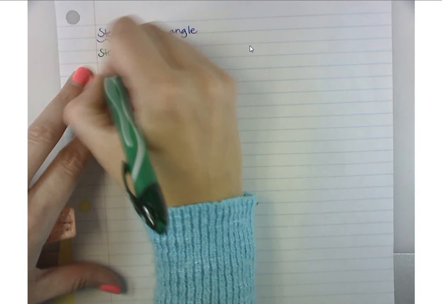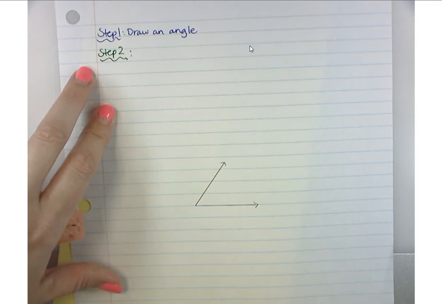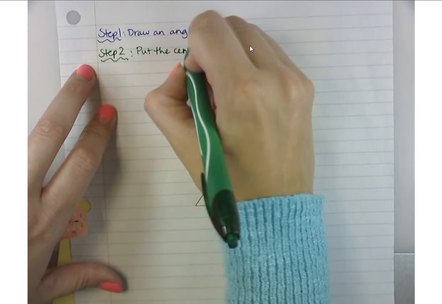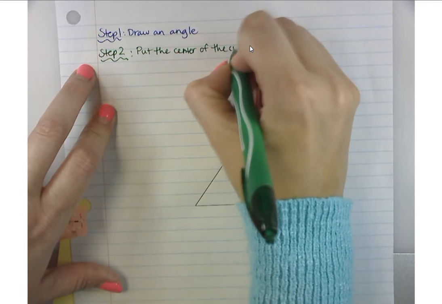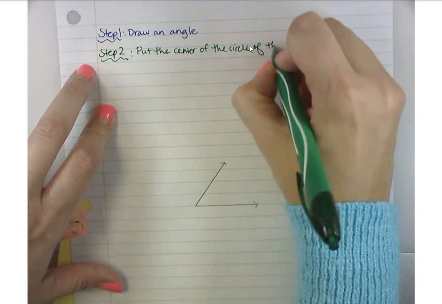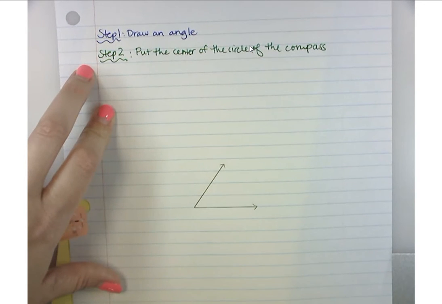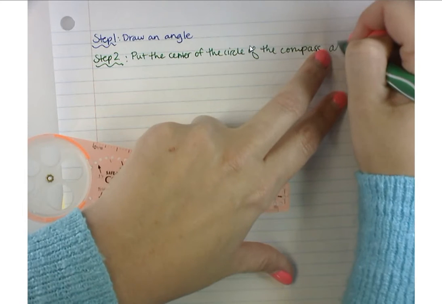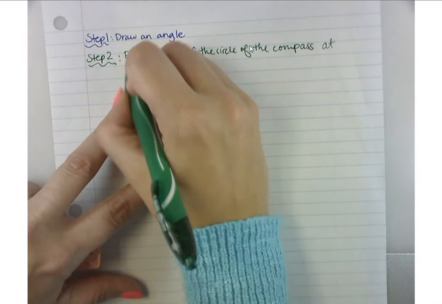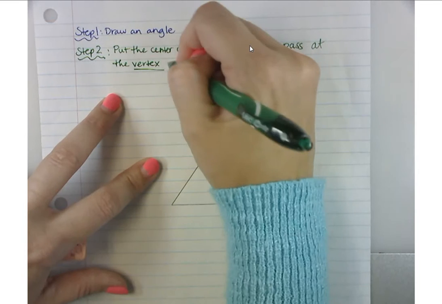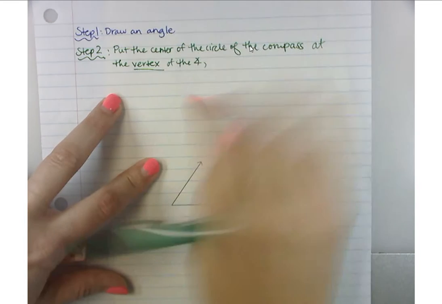Okay, so for step 2, so this is going right under step 1, you are going to put the center of the circle of the compass at the vertex of the angle. So remember, that's my angle symbol.